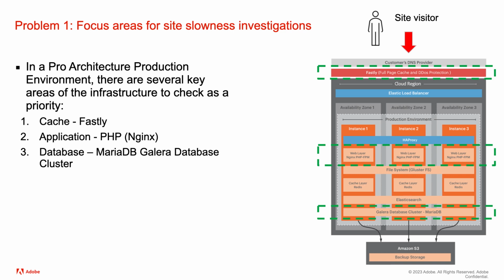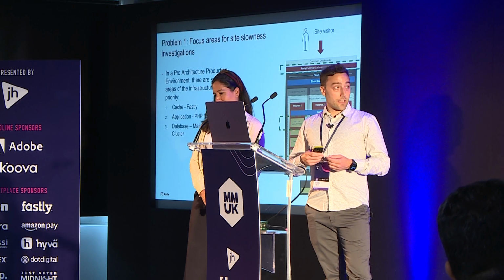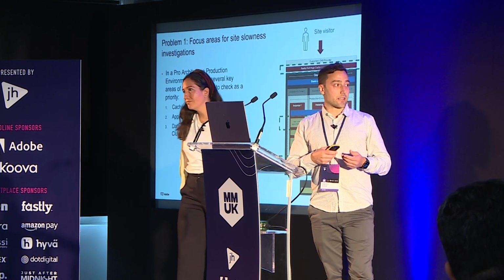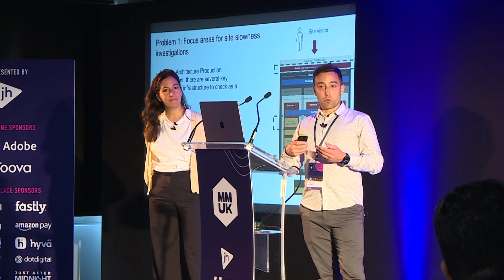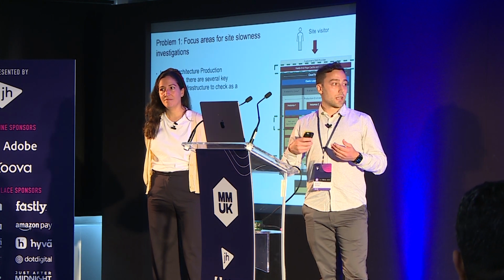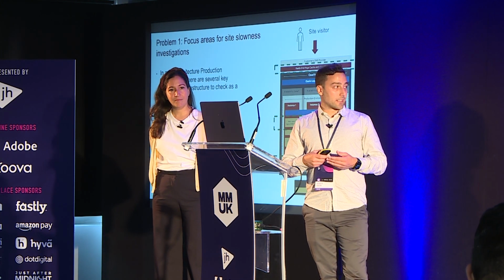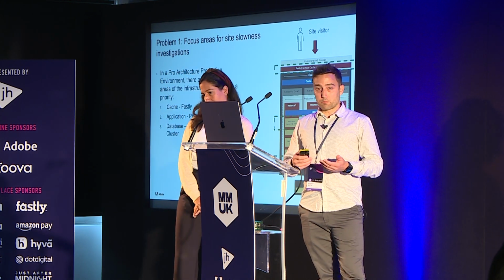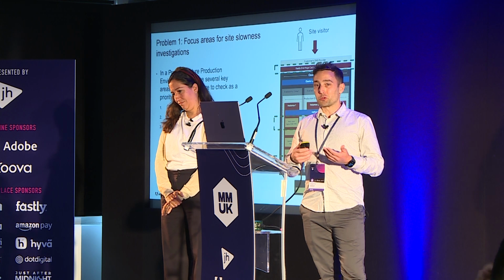Then the request goes down to the Elastic Load Balancer that sends the request to one of the nodes where we have services like Nginx, PHP, Redis, Elasticsearch, and the Galera database cluster.